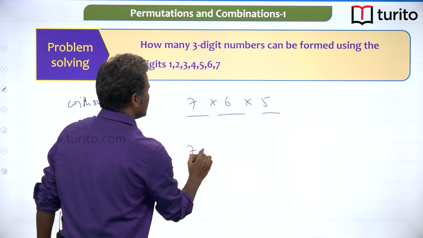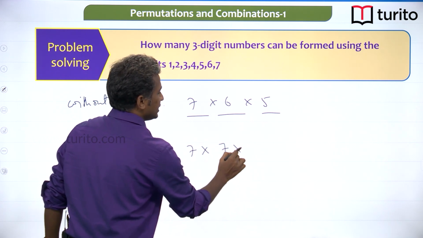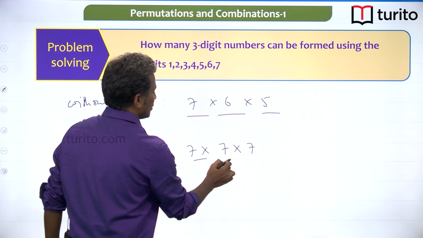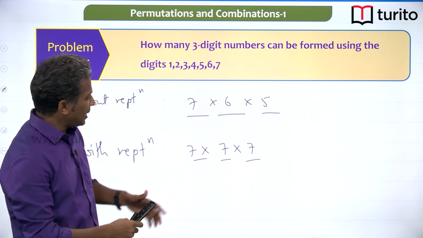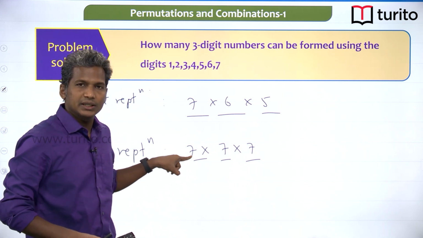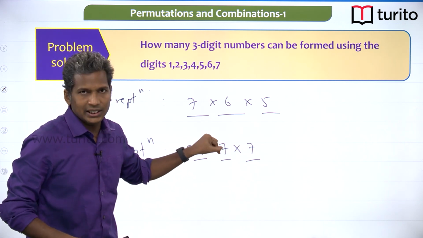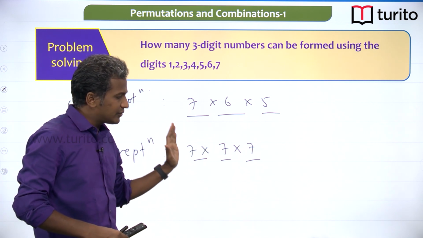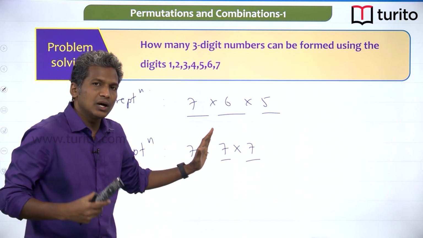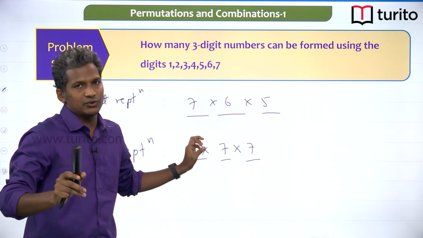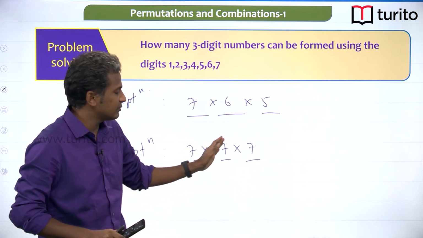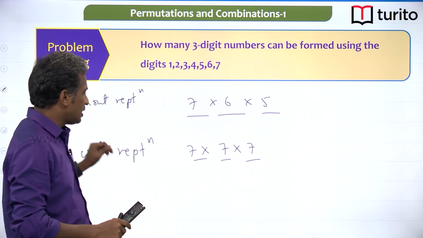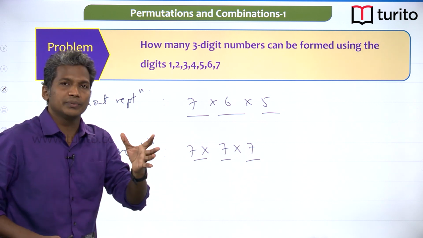It could be 7 into 7 into 7, because if I place one digit in the first place, it can also come in the second place. So, when I am moving from the first place to the second place, the options are not getting reduced. So, 7 into 7 into 7 could be the answer if repetition is allowed.